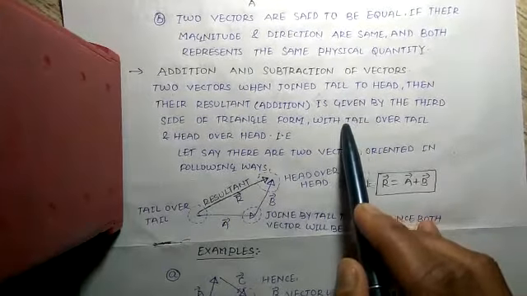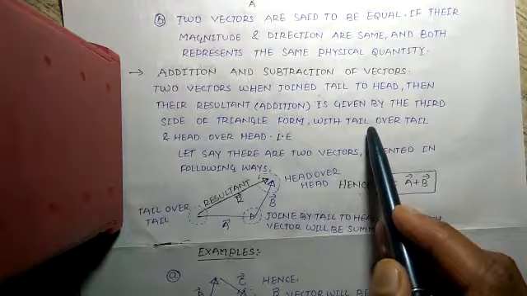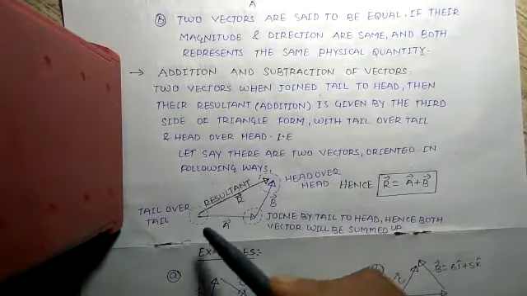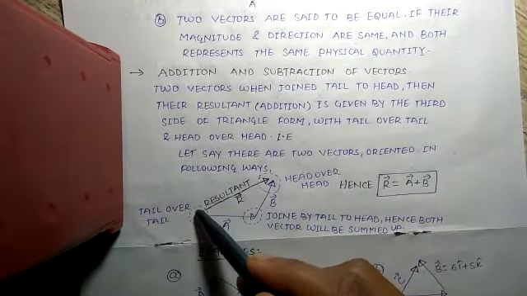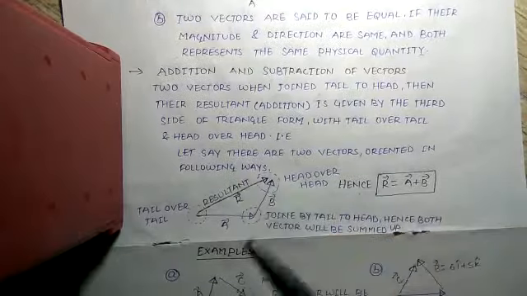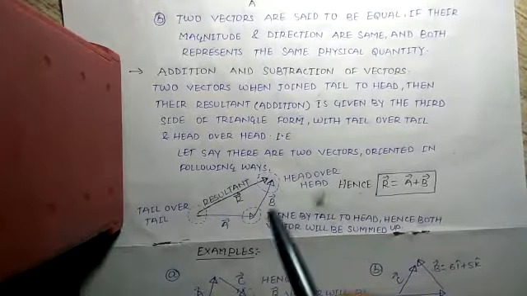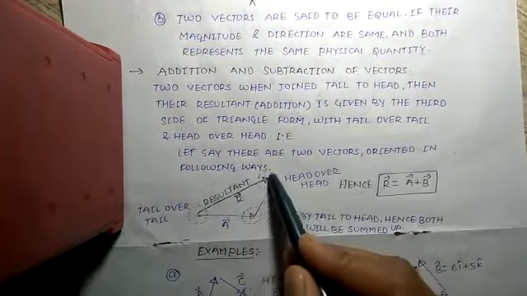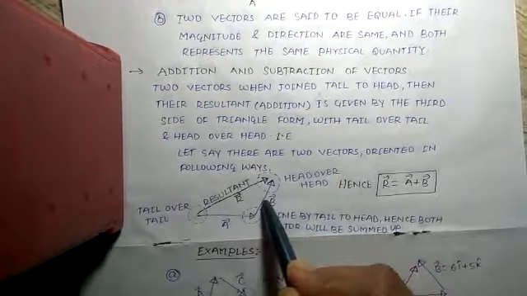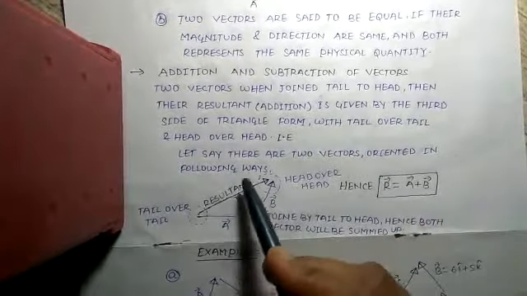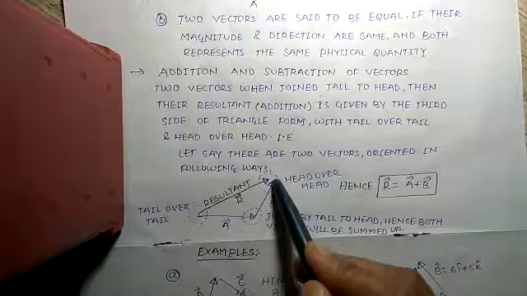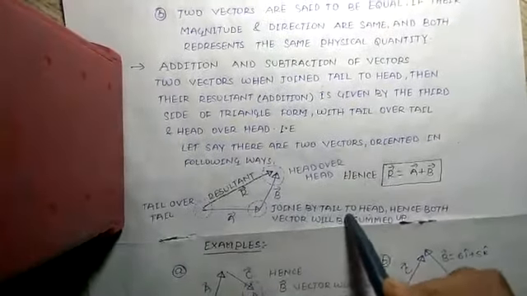Means the resultant vector is a vector whose tail coincides with the tail of one of the constituent vectors, and whose head coincides with the head of one of the constituent vectors. Let's say there are two vectors oriented in the following way: a vector and b vector joined tail to head.